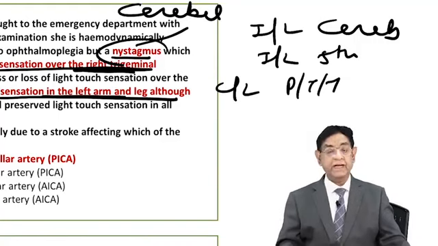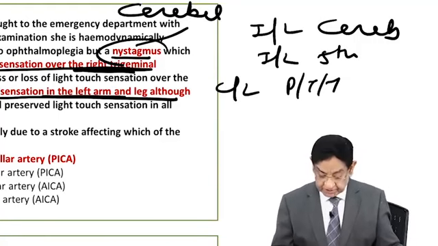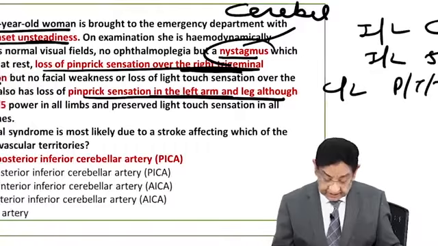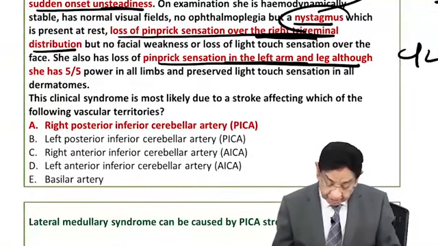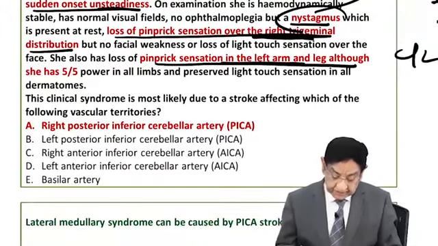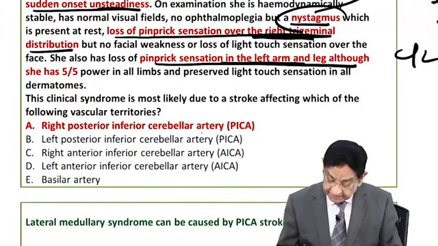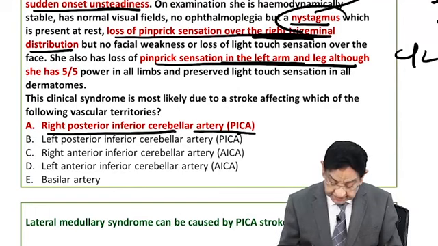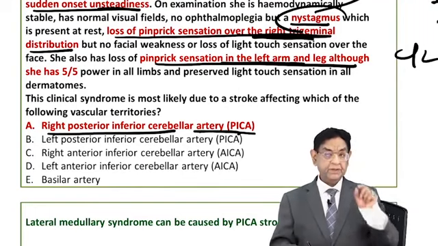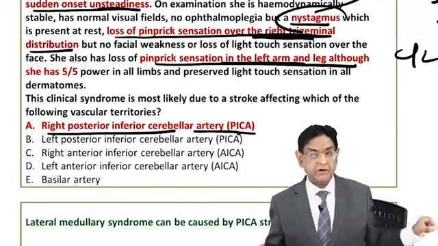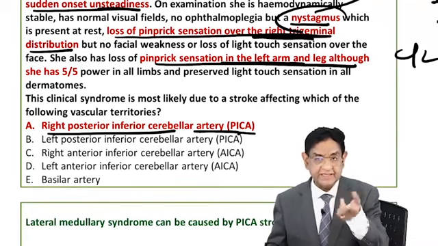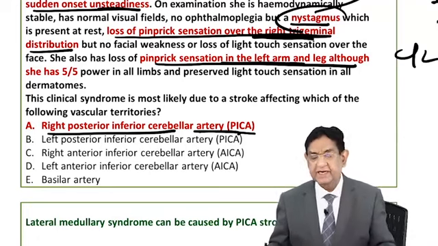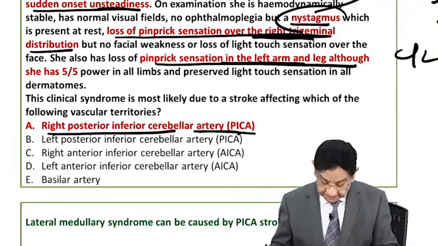This is the so-called lateral medullary syndrome. The face is on the right side and the sensory loss is on the contralateral left side, so it is a right PICA, right-sided lateral medullary syndrome.